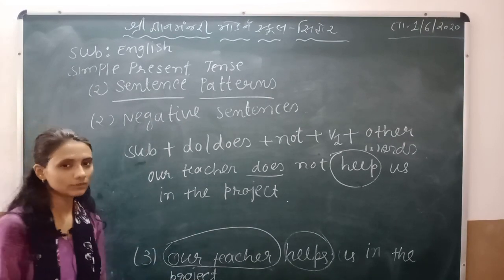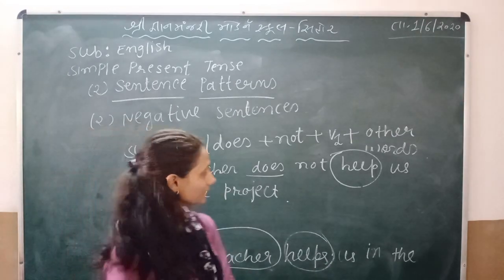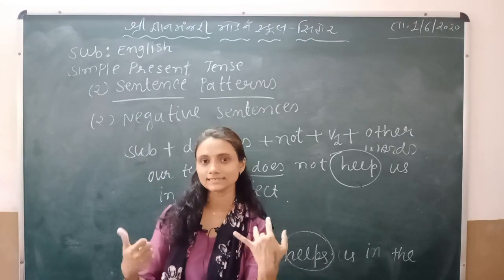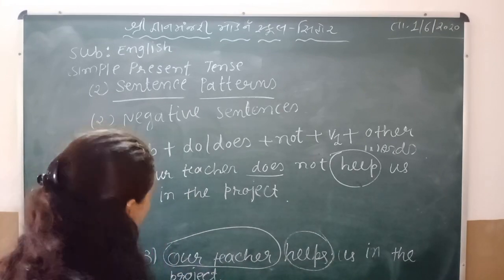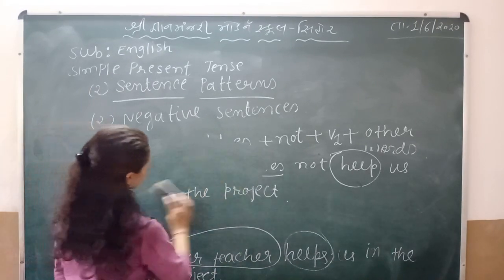So now it's time to give you homework. We have dealt with affirmative sentences and negative sentences, so I'll give you homework about this too. Okay, so write down your homework, students.